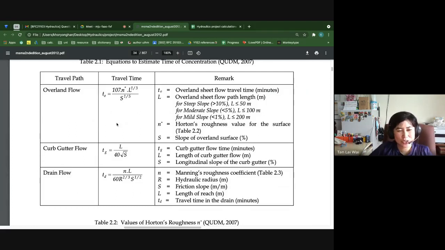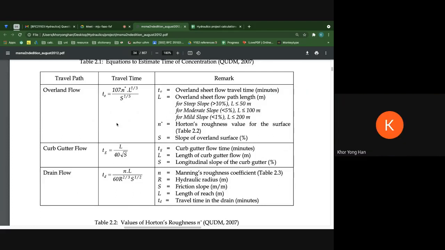Could you search for the term time of concentration?